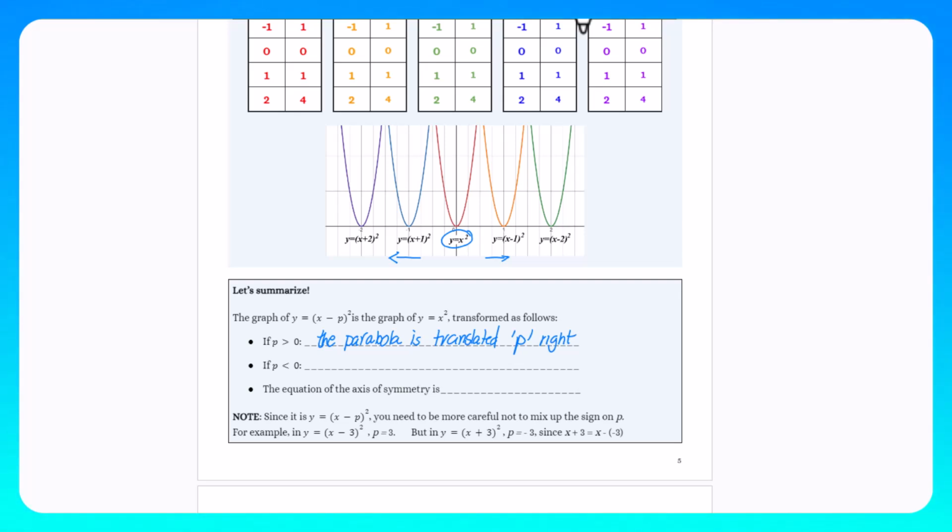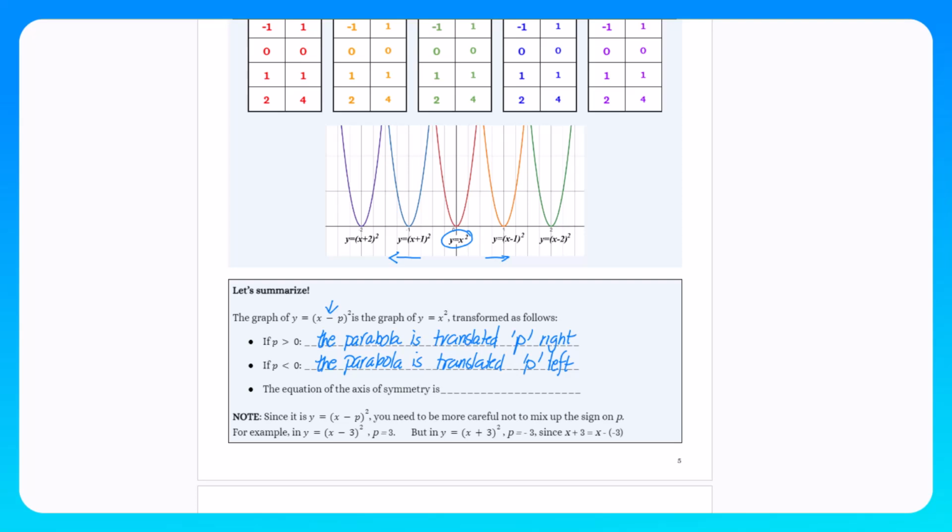And when it's negative, the parabola is translated P units left. So we have to be careful. We have to make sure that we're thinking of it as that negative bit right in there.